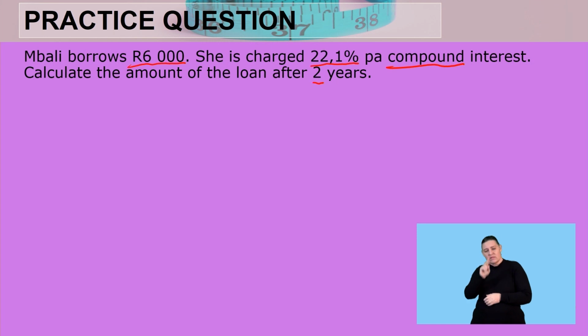All right, let's see what we've got to do here. We'll start with year 1. Let's take note that for simple interest and compound interest, year 1's amount calculation is exactly the same. We'll start with the principal of 6,000 Rand. We'll multiply that by 22.1%.